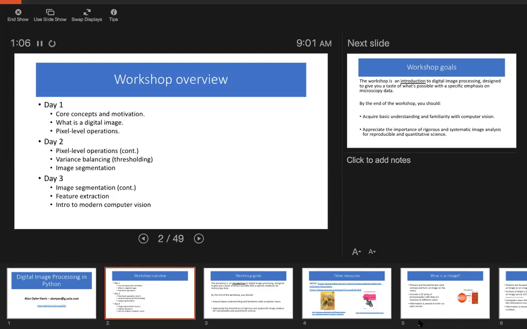We're going to talk about thresholding and image segmentation, which is the process of identifying objects in an image. And finally, we're going to talk about feature extraction and getting as much information as we can out of parts of an image. And finally, we're going to finish with some intro to some more modern approaches that are what's going on in computer vision in the last few years.